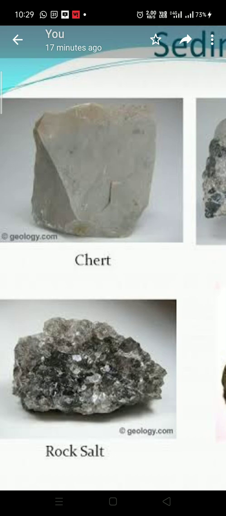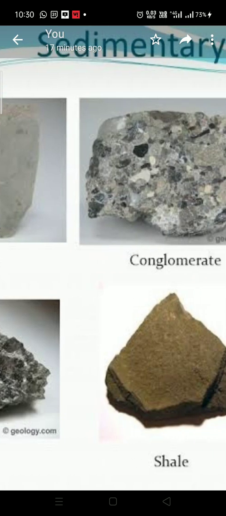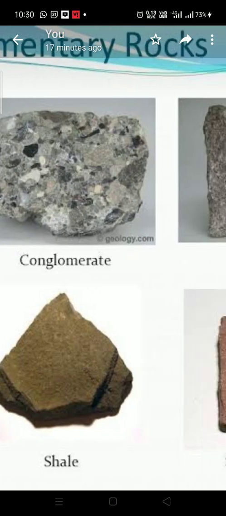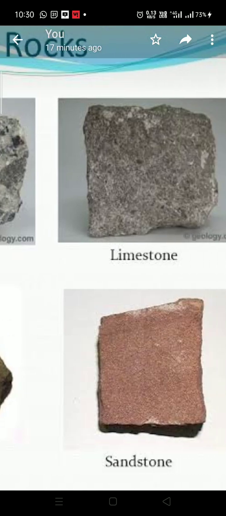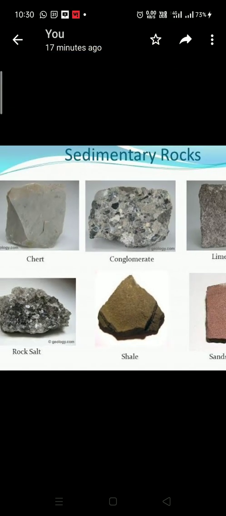These are all examples of sedimentary rocks. Kids, sedimentary rocks can be easily broken down because they are already so much hit and all is done. They are already very soft. We can easily break them. Shell, sandstone, limestone, these are all different types of sedimentary rocks.